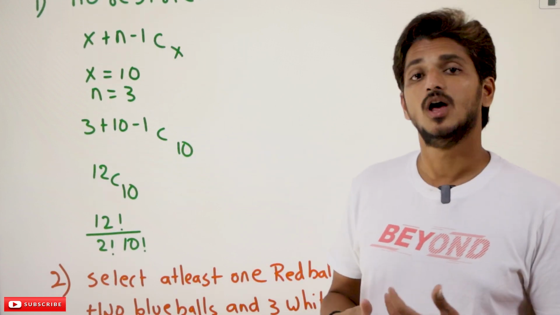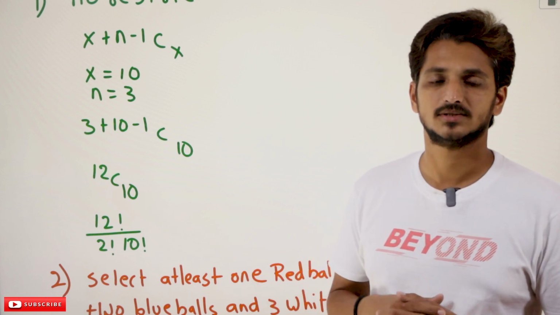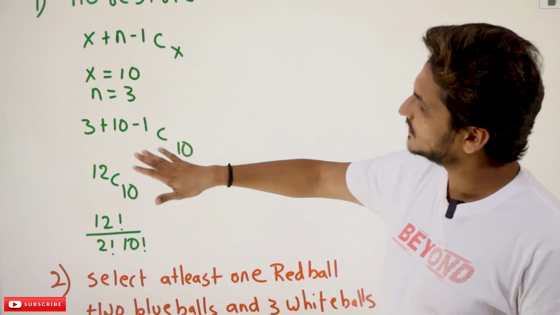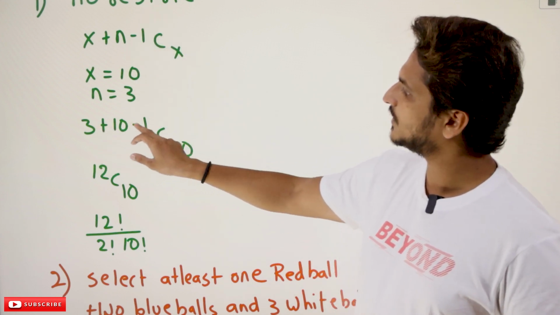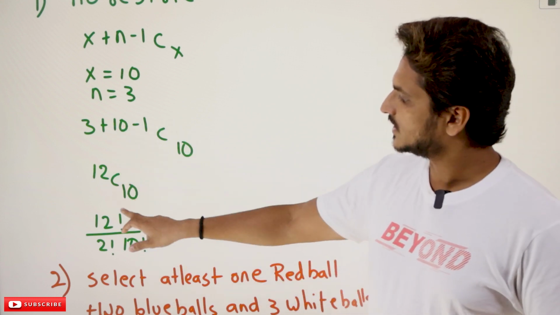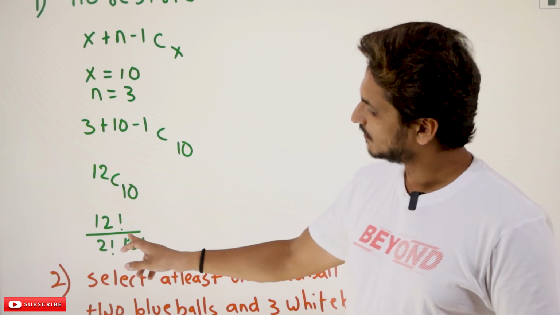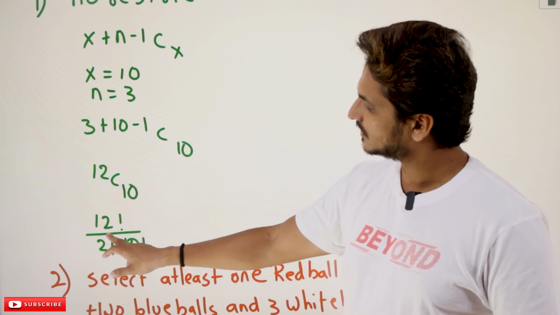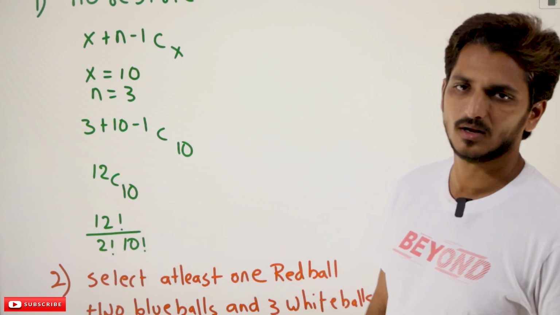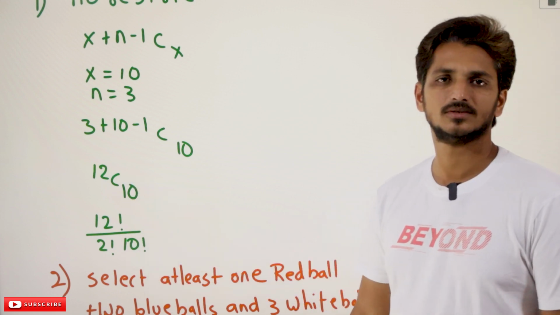This is the formula we are going to use for combinations with repetitions, selections with repetitions. So simply apply the formula. This is a very simple example. The first one is 3 plus 10 minus 1 c 10, which is 12c10. 12c10 means 12 factorial by 12 minus 10 factorial, that is 2 factorial, multiplied by 10 factorial. So this is what 12c10 means.